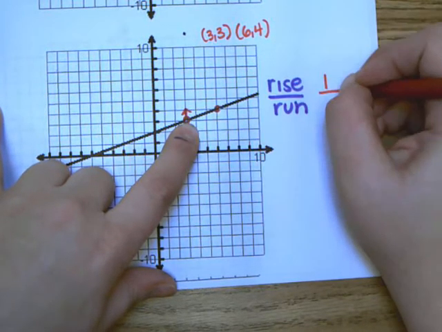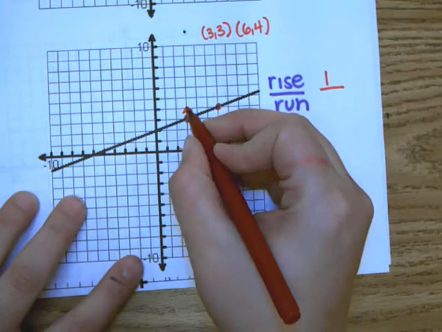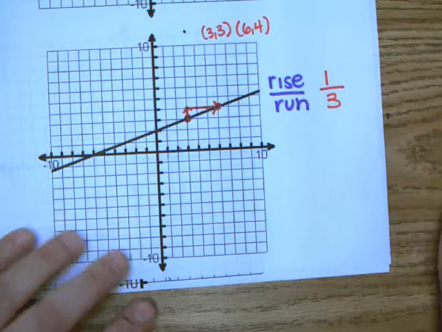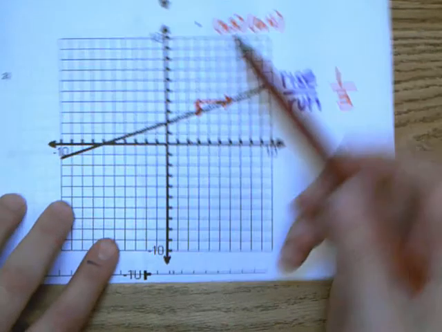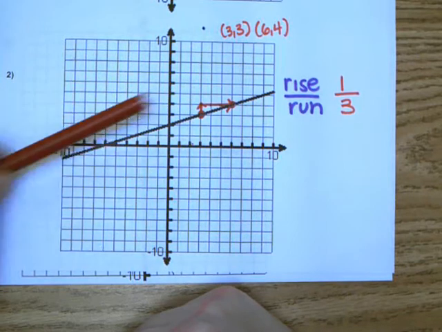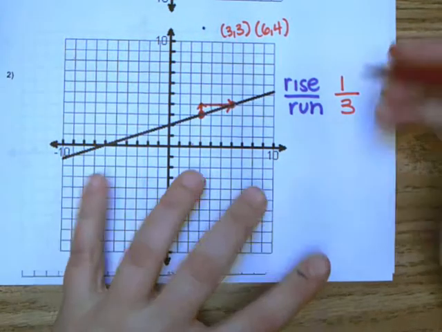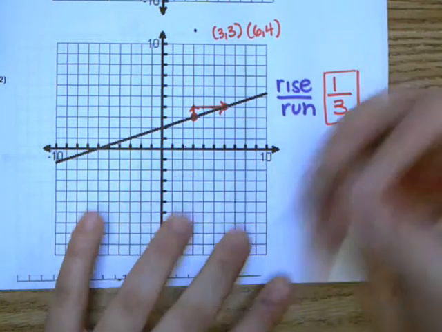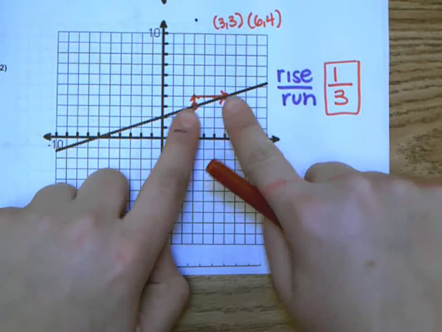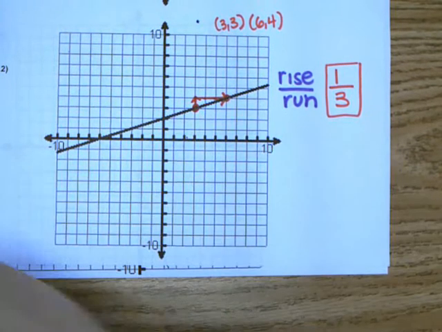And then you have to talk about how much to rise. So to get from here to here, I have to rise 1. Then I have to run 1, 2, 3. Then I'm going to go from the left to the right. If I'm going from the left to the right, I'm going up. So my slope is +1/3.